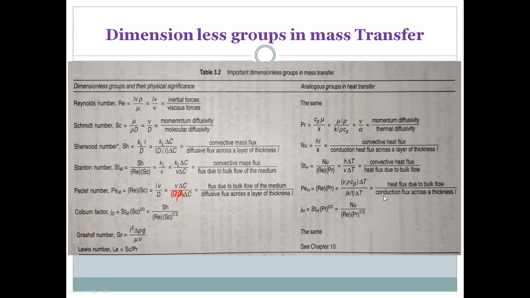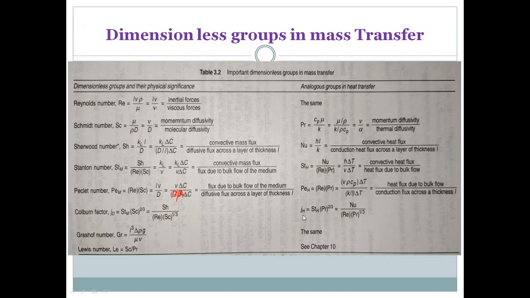Where it was conduction, here it is molecular diffusion. So bulk flow is V delta C, and diffusive flux is D by L into delta C. Delta C cancels, so it is L V by diffusivity.